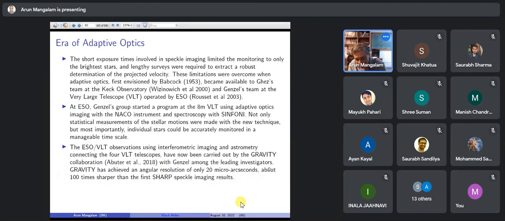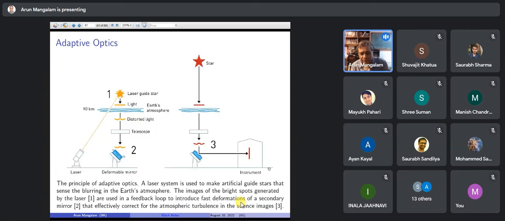After this, another technique was developed called adaptive optics. Here what happens is that you have a deformable mirror, right? There's a laser guide star going through the Earth's atmosphere, and there's turbulence in the atmosphere. The light front gets distorted, and this distorted light front goes through the telescope.